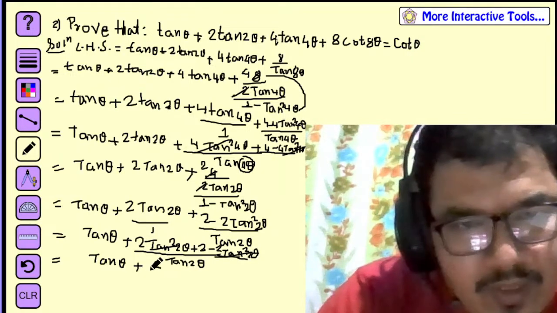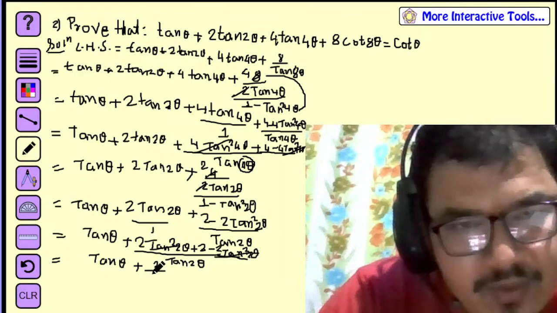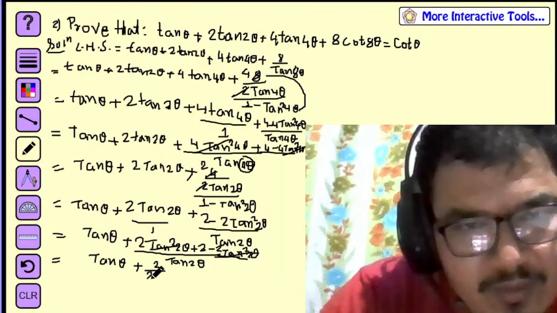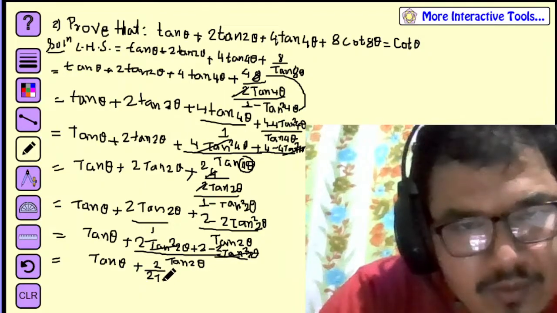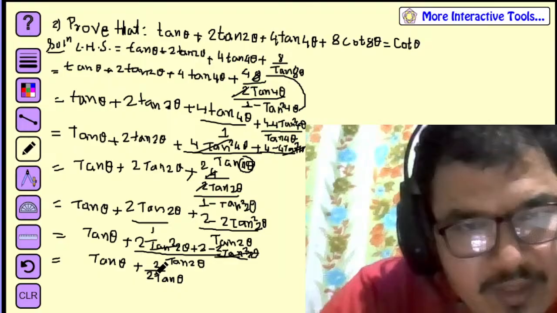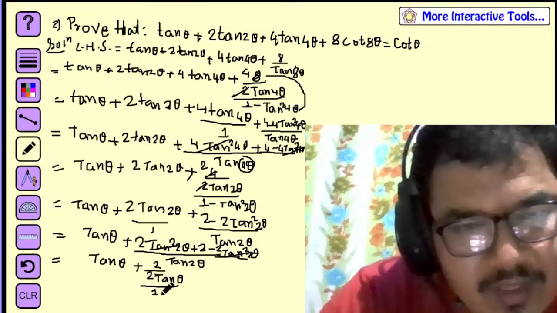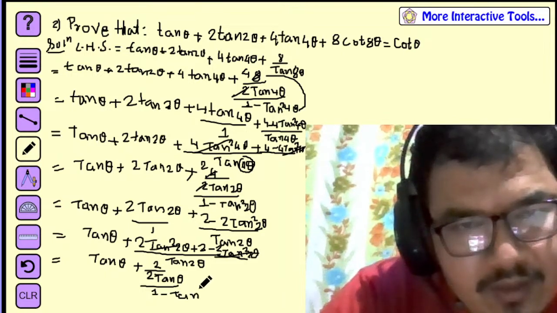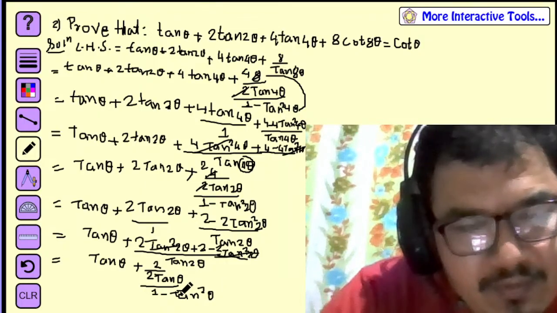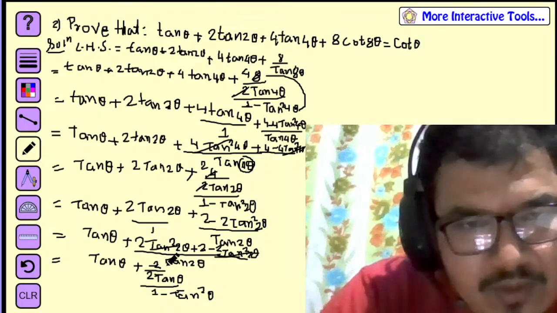Then write 2 and again open the formula of tan 2 theta. Tan 2 theta means we have the formula 2 tan theta by 1 minus tan square theta. Write the same. Now this 1 and this 2, the 2 cancels, and this goes up.